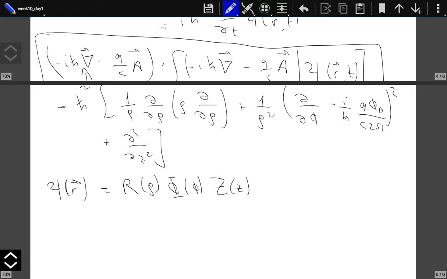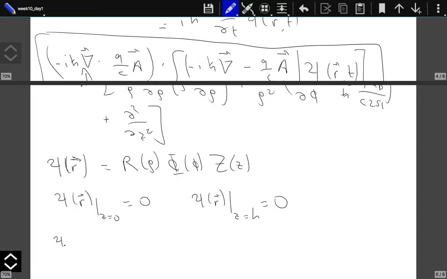And then I have my boundary conditions. Psi of r, when I evaluate at z equal to 0, should be 0. Psi of r, if I evaluate at z equal to h, should be 0. These are the top and the bottom of the cylinder. And psi of r, when I evaluate at rho equal to a, this is the inner surface, should also be 0.